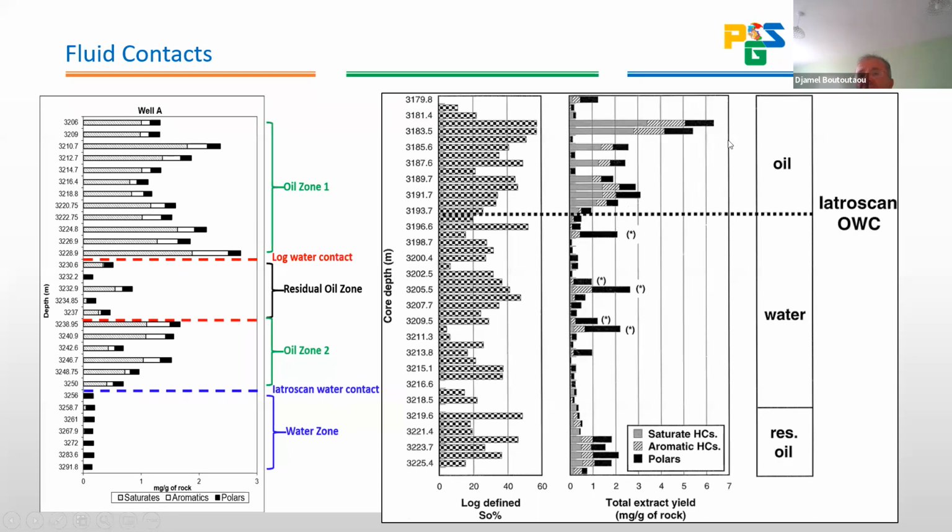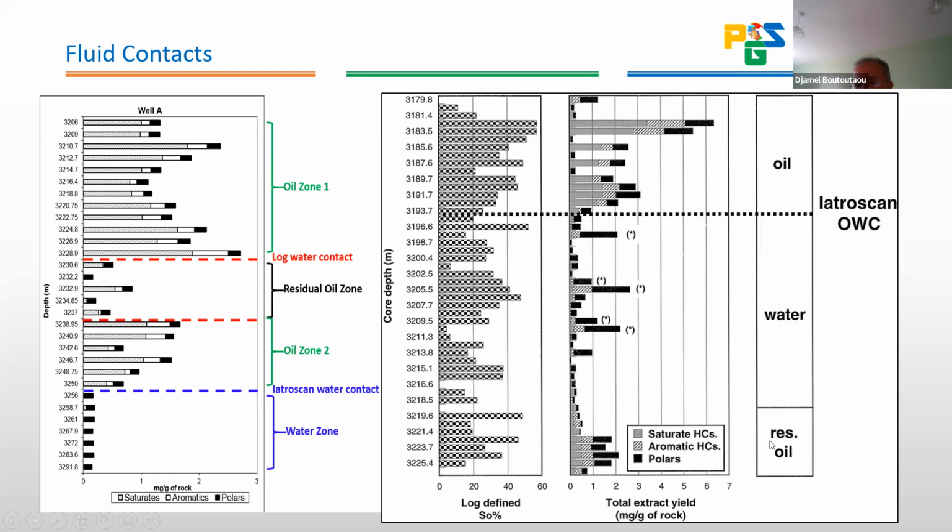The highest yield is where your oil zone is. And if you have a very low amount of residual oil, dominated by asphaltic and polar compounds, that is where you have your water zone. So you can define your oil-water contact easily using this technique.